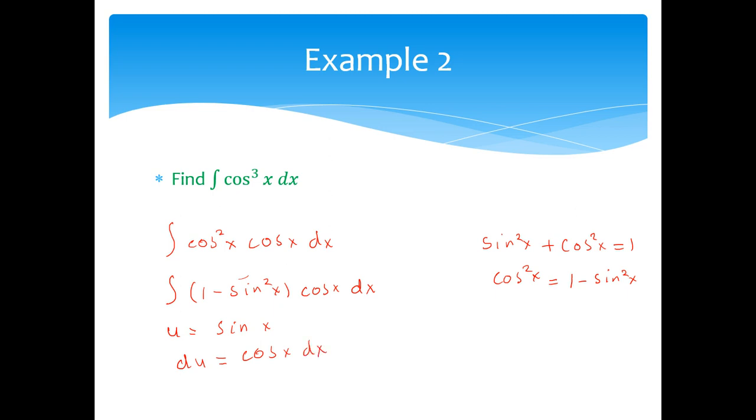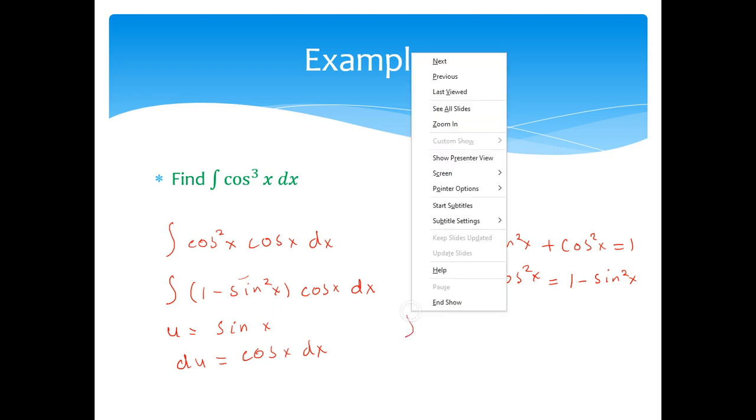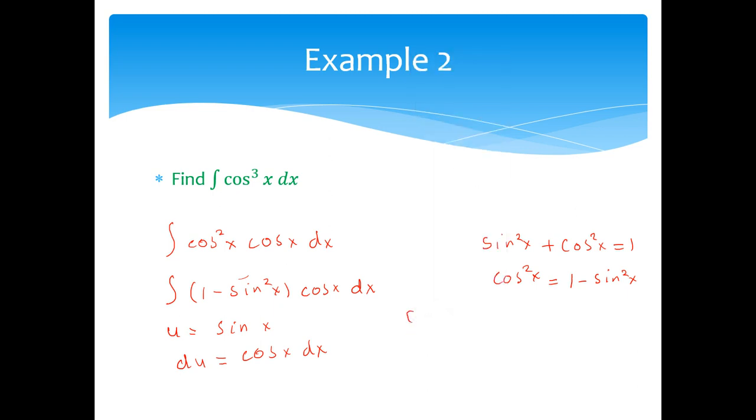Then now we substitute everything in terms of u. We have integral of 1 minus u squared du, and that should be equal to u minus u to the third over 3 plus c. So that is the solution of problem number 2.